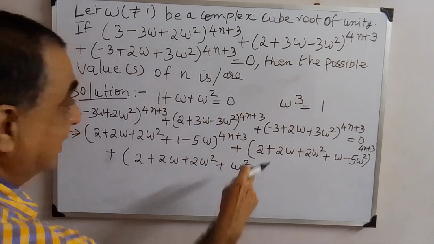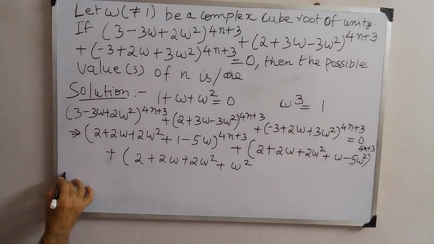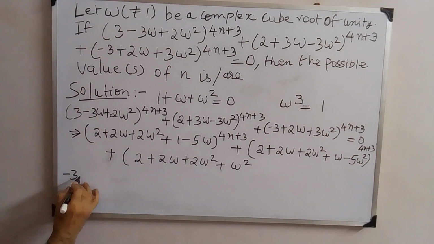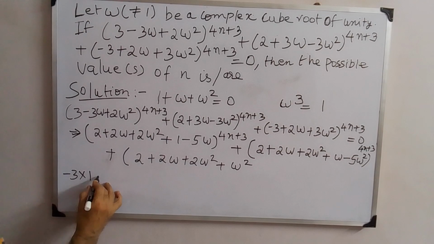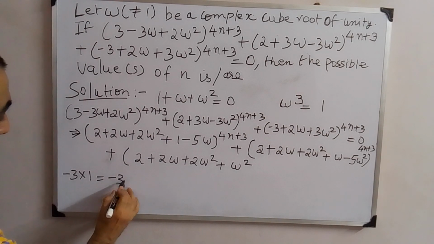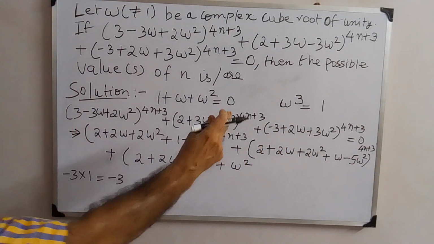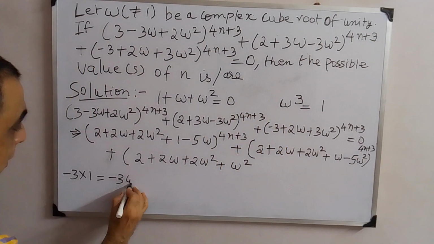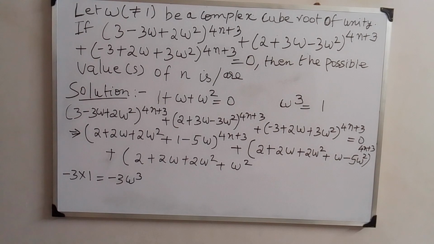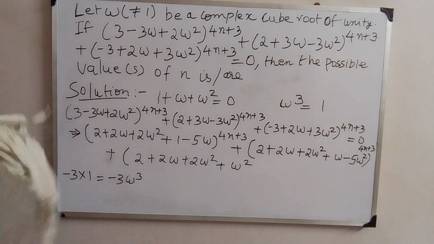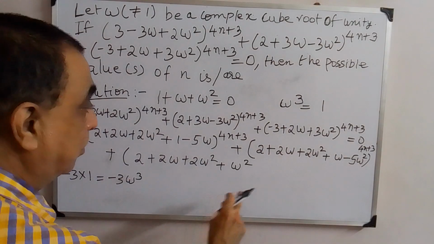And see, this is minus 3. We can write minus 3 as minus 3 into 1, and one value I have already told you is omega cube. So minus 3 is equal to minus 3 omega cube.